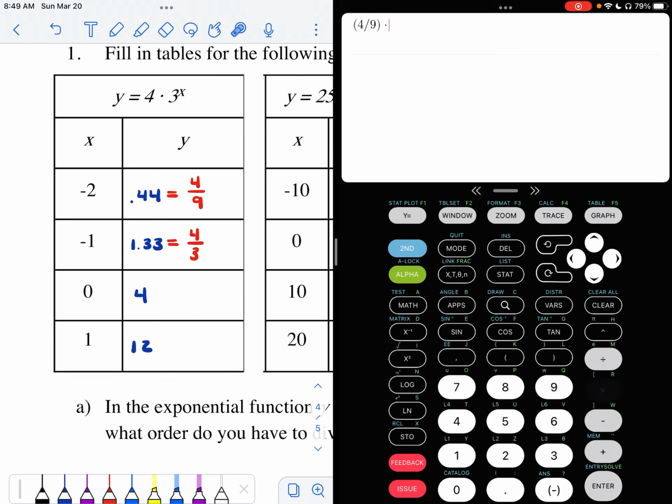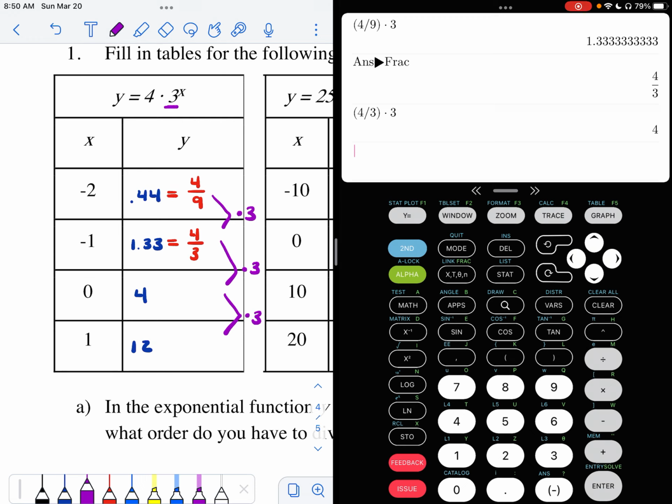If we have a 4/9 and we multiply it by a 3, that is a 4/3. So that seems to follow the same pattern as well. If I take a 4/3 and I multiply it by 3, that gives me the 4. So with all of these, to get from one number to the next, all we're doing is multiplying by 3.